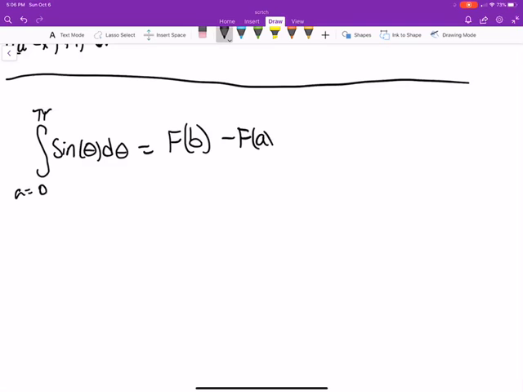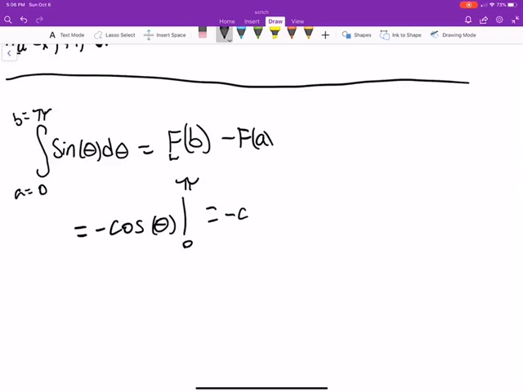Where this is our a, and this is our b, and the f is our antiderivative, and the antiderivative of sine is negative cosine theta, evaluated from 0 to pi.